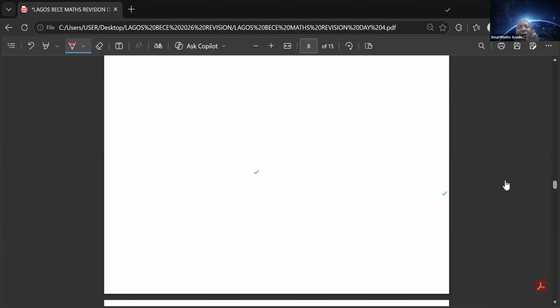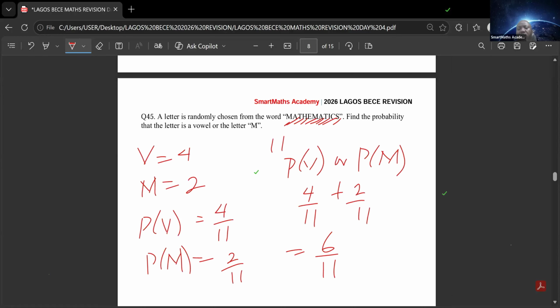How many M's are there? We have the M from the first letter and the M in the middle, making 2. The total number of letters in this word is 11. So the probability of a vowel is 4 out of 11, while the probability of M is 2 out of 11.